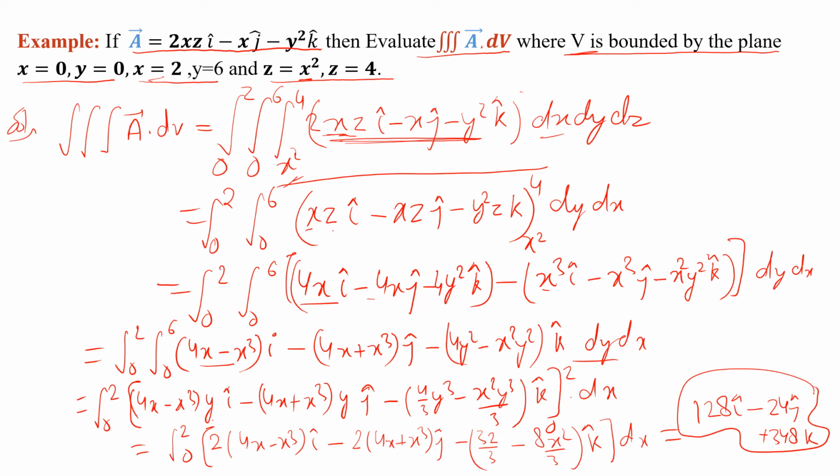So here we evaluate that integral in the volume which is bounded by these planes. So you have to remember, we have to evaluate the value of that integral, that is a vector, in the particular volume which is bounded by these surfaces.